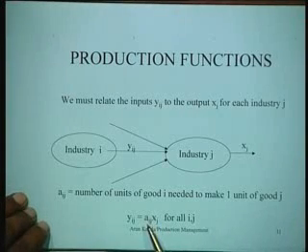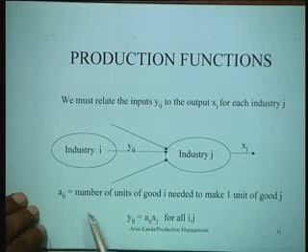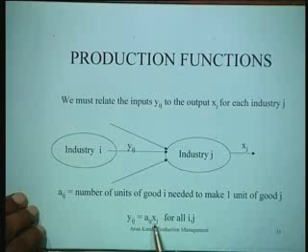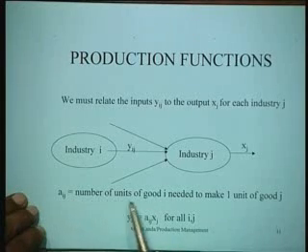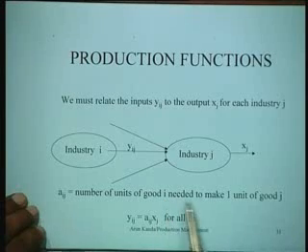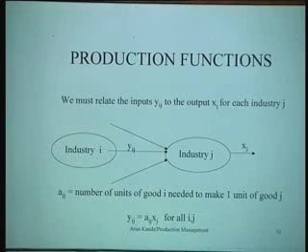What is the significance of this Aij? You can see from this equation, Yij divided by Xj would be Aij, and Aij would then have the interpretation of the number of goods I needed to make one unit of good j. If this sounds a little complicated, let's take a humorous example.